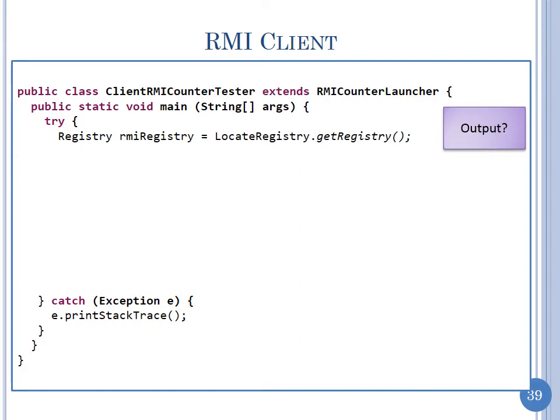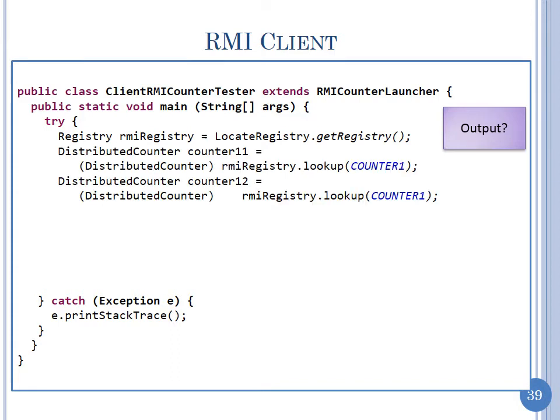Okay, so this time we have those two objects registered, and I'm going to get first a reference to the registry. Then I'm going to get two proxies to counter 1. I do two lookups for the same counter, counter 1.